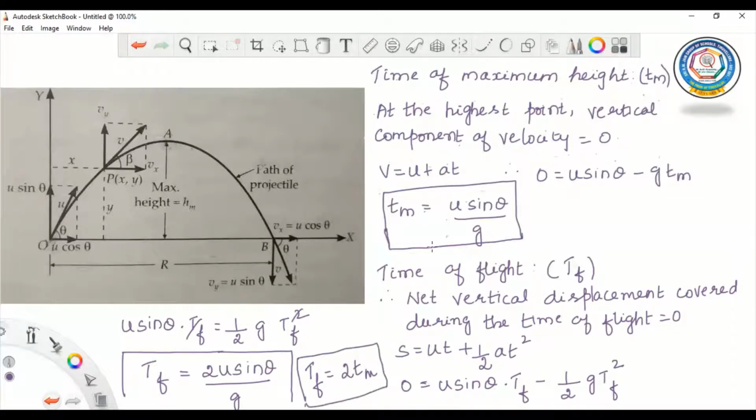We calculated the time taken by the projectile to reach the maximum height, and also the expression to find time of flight.